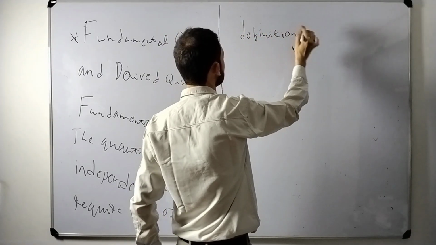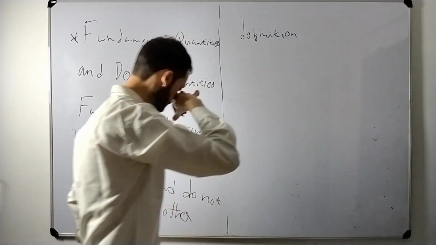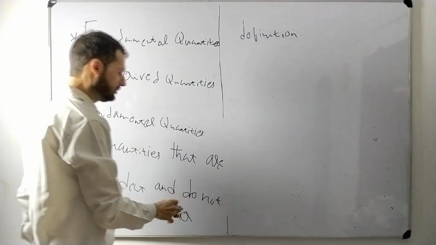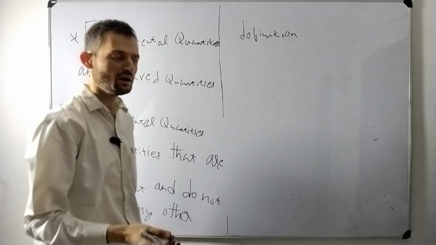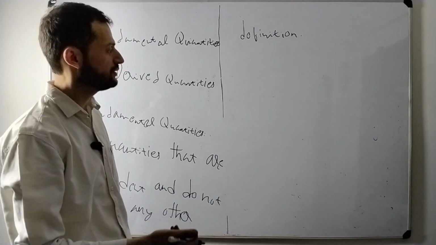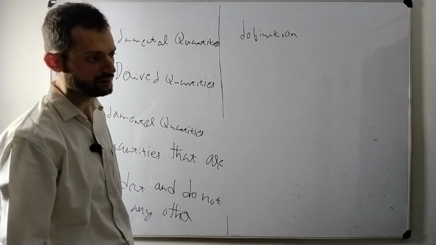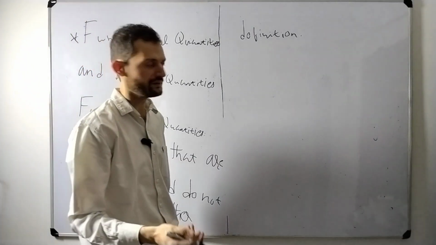Now you would say, sir, could you explain a little bit? So, suppose mass is a physical quantity and does not require any other quantity for its definition. So, it can exist on its own.